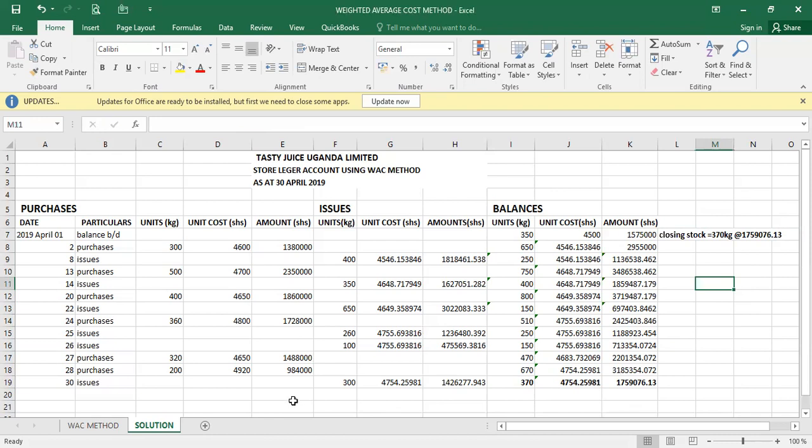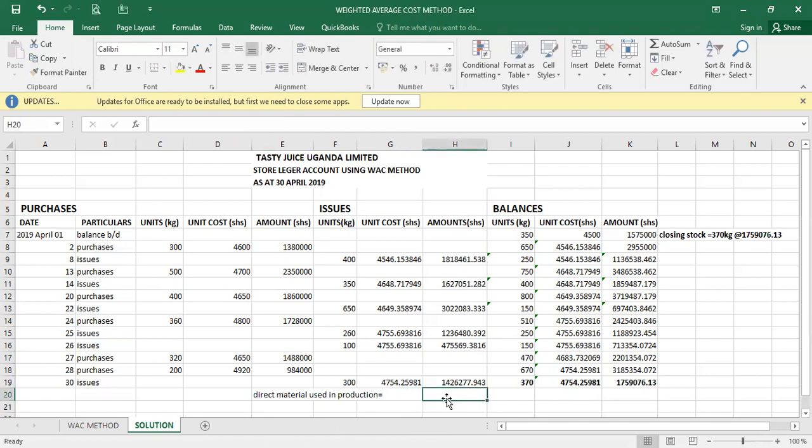Maybe to get the direct material used in production, for part 2 that requires us to get that, we add up the issues.